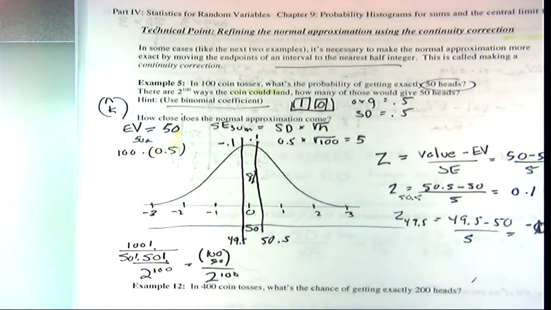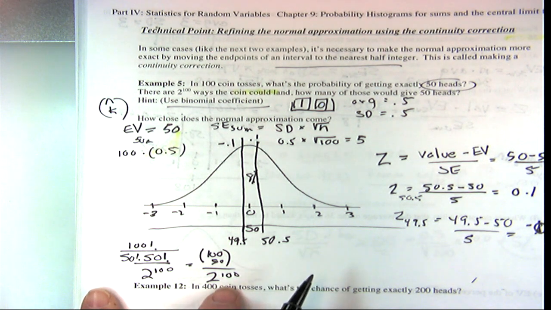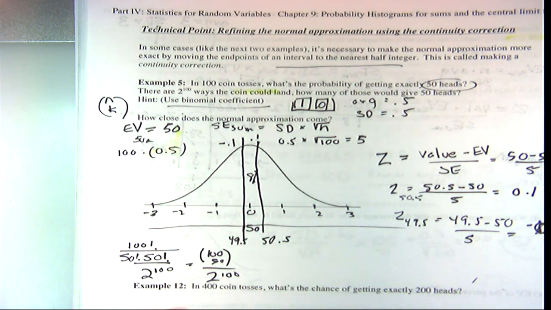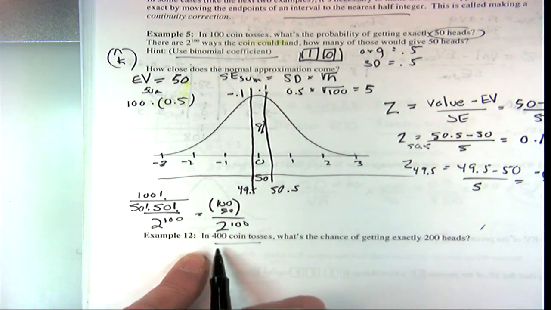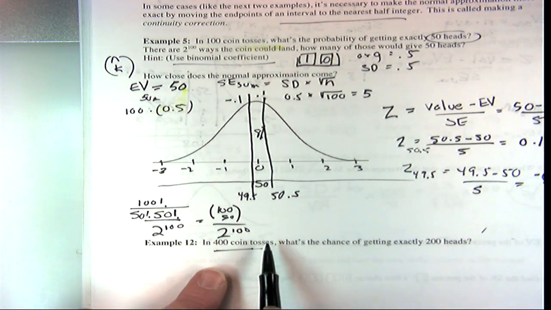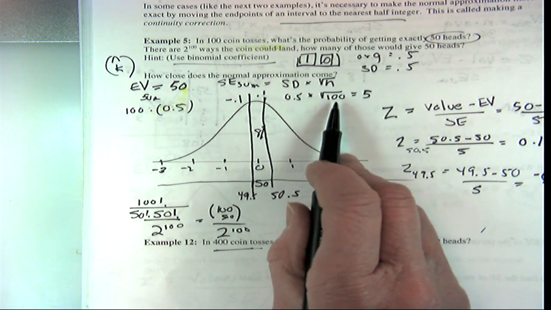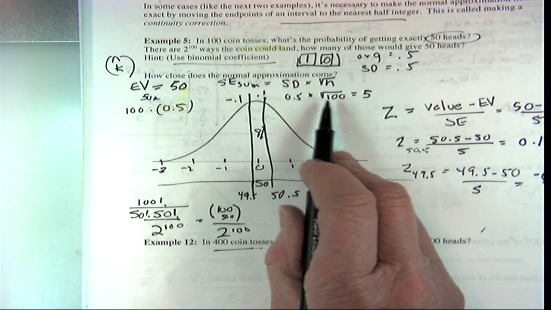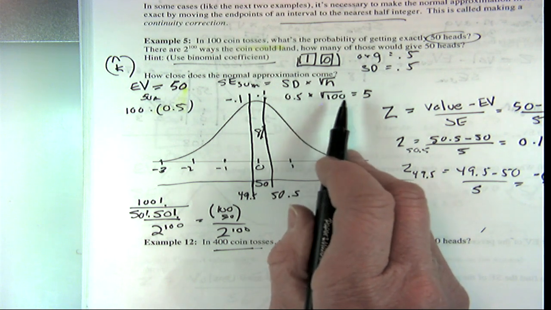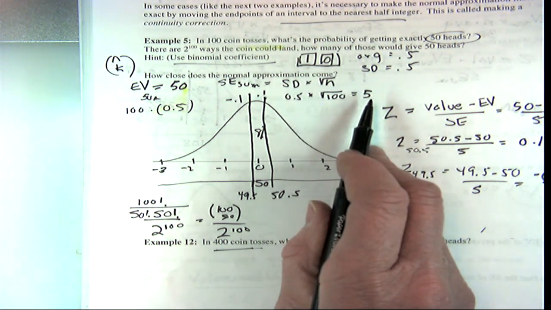You see, it's still an approximation, but when we know exactly what's in the population, we can do a probability histogram and figure out through math the exact probabilities for each one. So if you went 400 tosses, you could see how that would change. Okay, so where would it change? The 400 right here, the square root of 400 would be, instead of 10 here, you'd have 20, so that would double that.